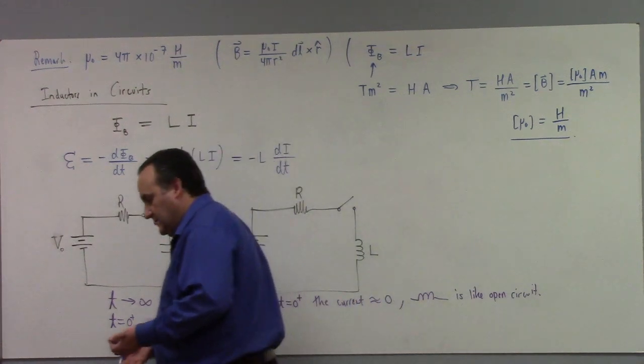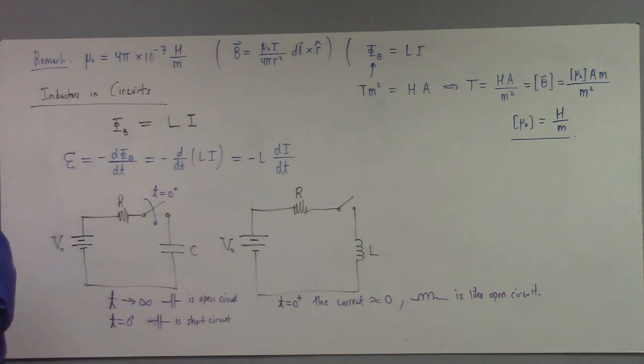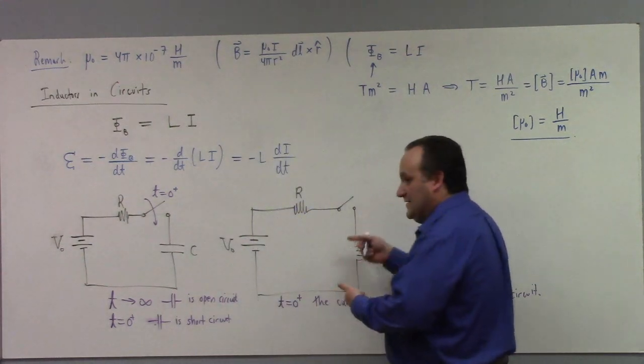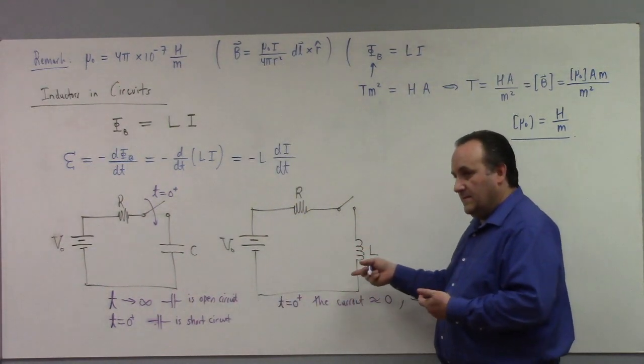It has to be this because the magnetic field in the inductor before you close the switch is 0, and you can't have the magnetic field go from nothing to a finite value in an infinitesimal time. So the magnetic field right after you close the switch continues to be close to 0.